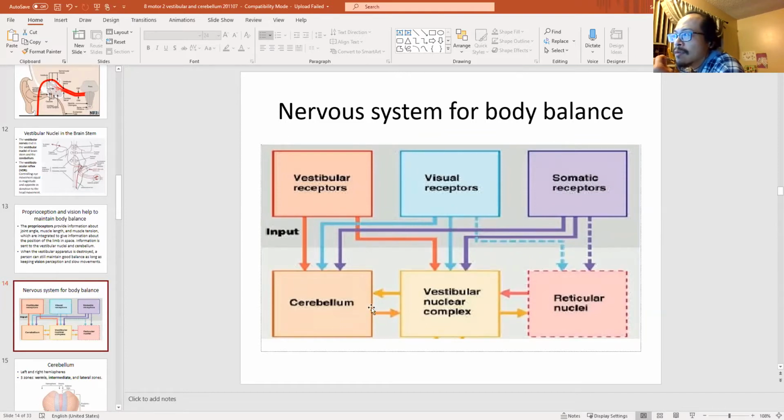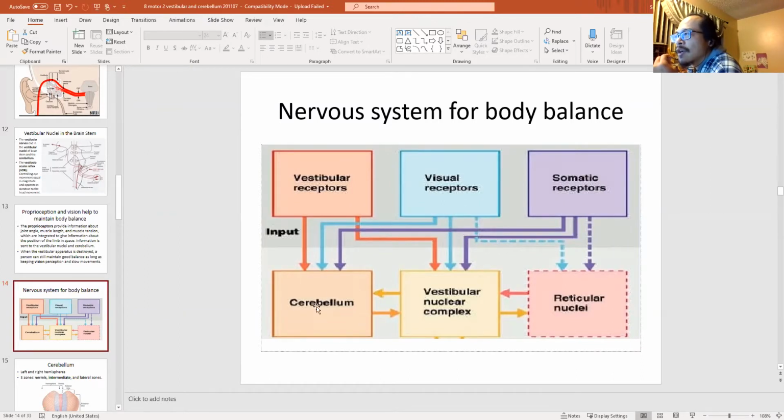And these three will communicate with each other. The cerebellum will send signals into the vestibular and the reticular systems. Reticular information is important to maintain muscle tone. The vestibular is important to maintain posture and body balance. The cerebellum is probably the central one that mediates all of these together.